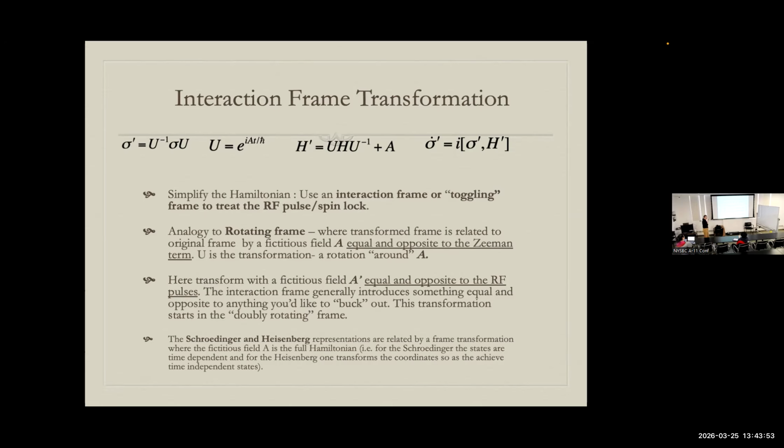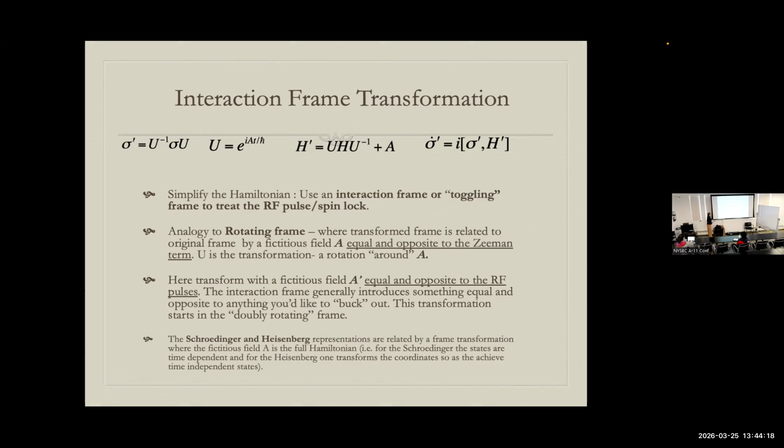The laws are expected to look different, and we're lucky if they're analogous and recognizable. So here, you transform with a different fictitious field, not A, but A prime, that is equal and opposite to the RF pulse. And then we'll pick the RF pulse that's helpful. We want the eraser of choice here. The interaction frame generally introduces something equal and opposite to anything you'd like to buck out.